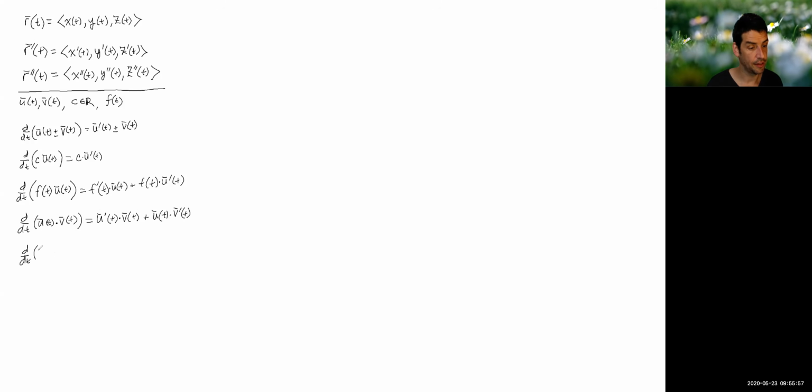Similarly, if we have a cross product, I'm going to stop writing the of t just to simplify this. We'll get u prime cross v plus u cross v prime. Okay, again, another product rule. Now, again, these are cross products. This one has some particular care needed.